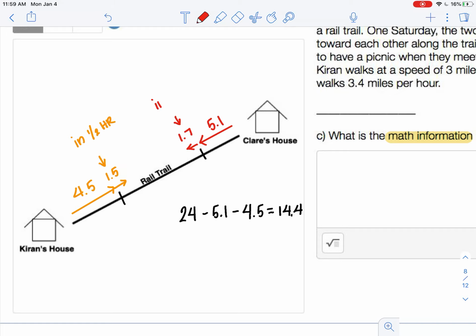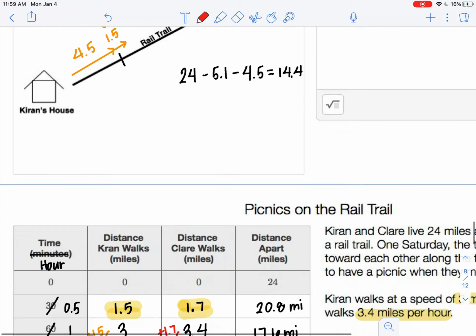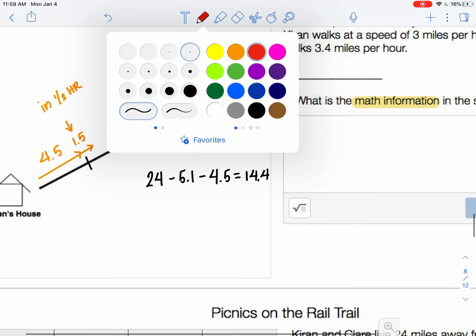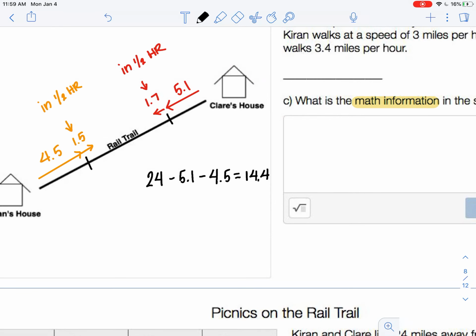So instead of starting from scratch and calculating these numbers in the table, which we could definitely do, instead, I could simply say, okay, in 1.5 hours, they have 14.4 miles between them.